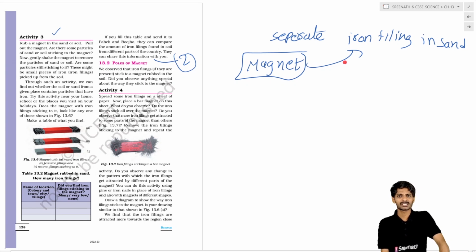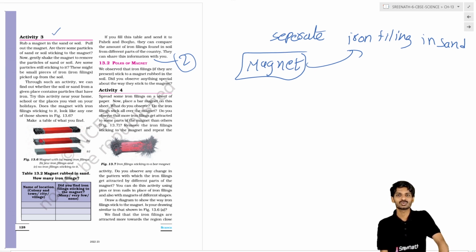Why? How can we separate? A magnet has the property of attracting magnetic materials. Iron is a magnetic material, so it will be attracted toward the magnet. And sand is not a magnetic material, it is a non-magnetic material. It is not attracted towards the magnet. So if you take the magnet to the sand, the iron filings in the sand will be attracted and collected near the magnet like this.